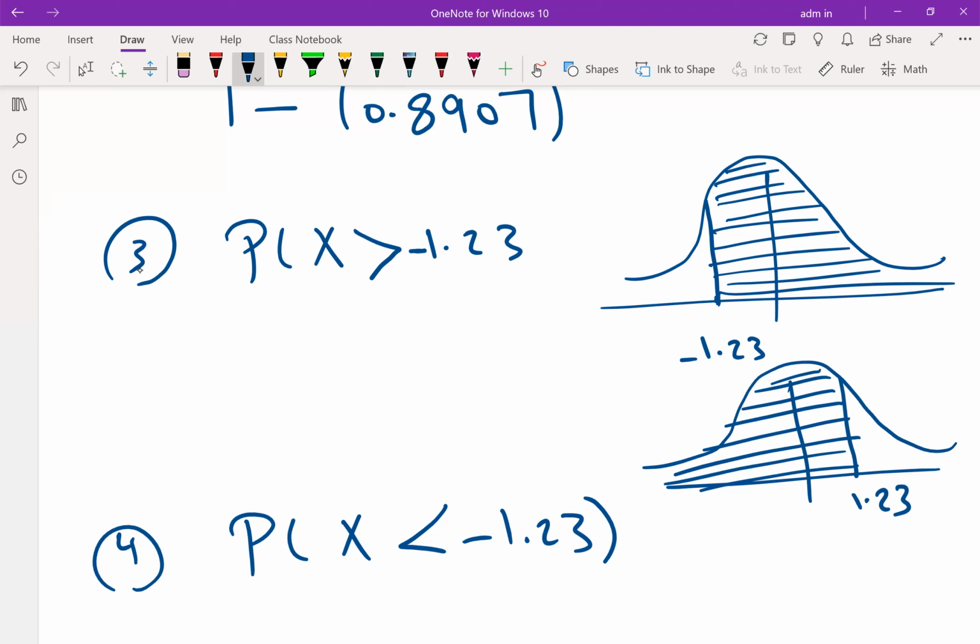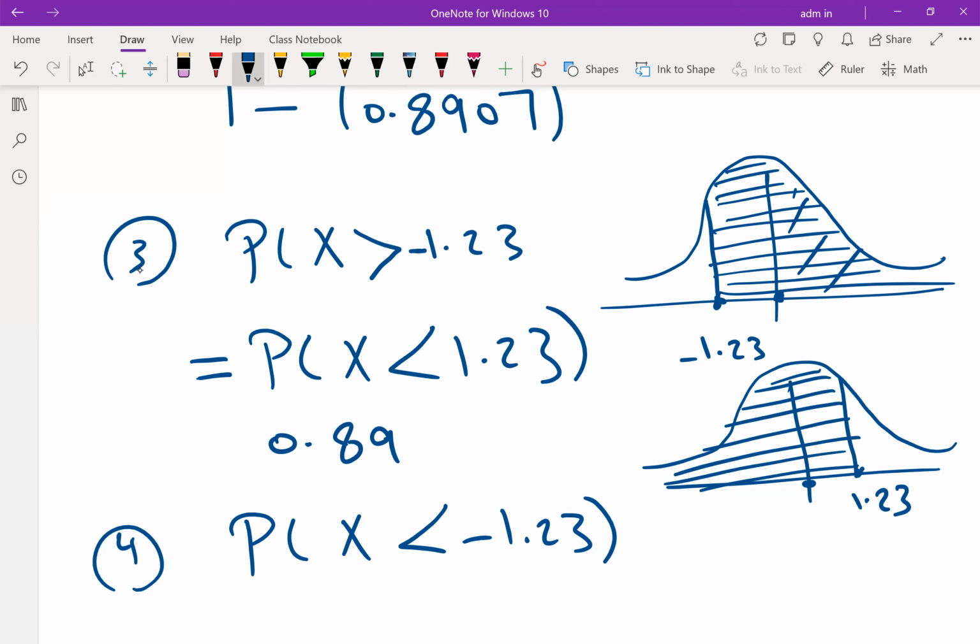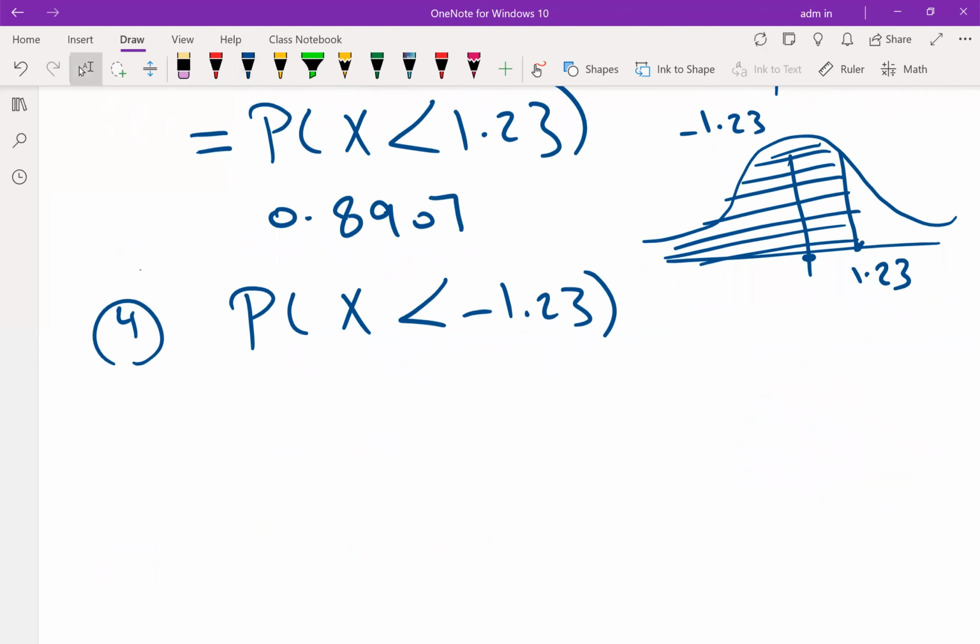So if it is more than a negative value, it equals the probability of x less than 1.23 directly from the table. The final answer will be 0.8907.